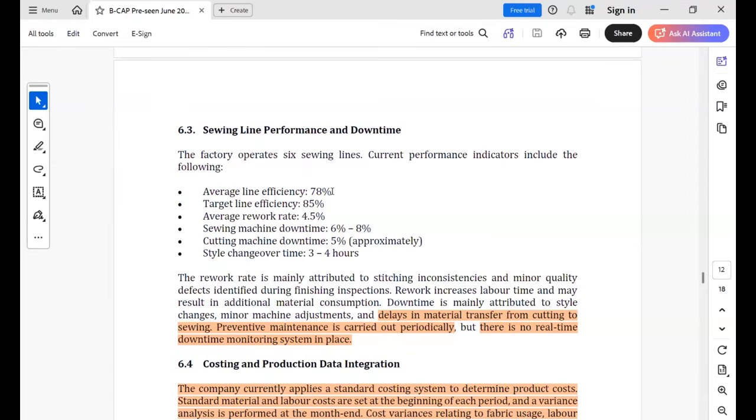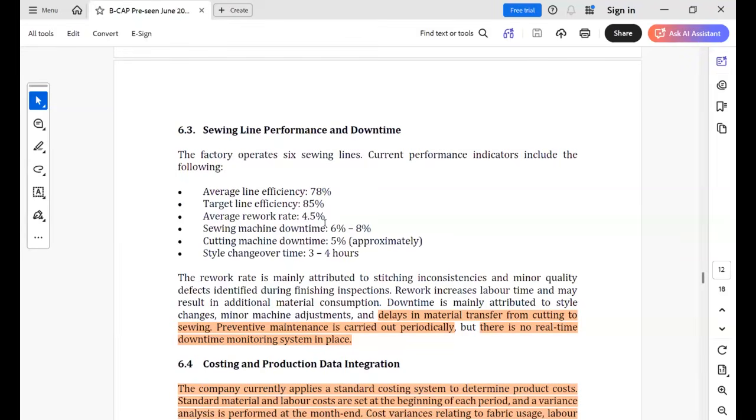So what is the machine capacity as per the standard output, and in the line, what is actually coming out? 78% means you have an inefficiency of 22%, which is not acceptable. And also target line efficiency 85%, 15% inefficient, right?